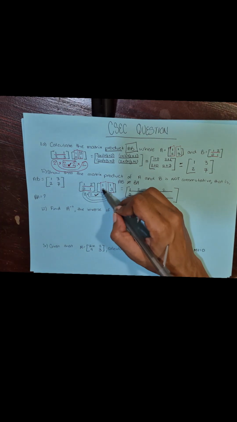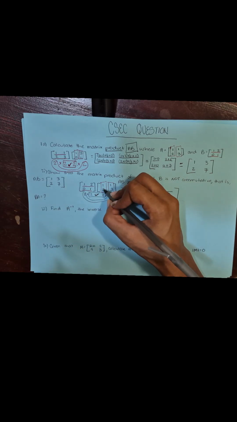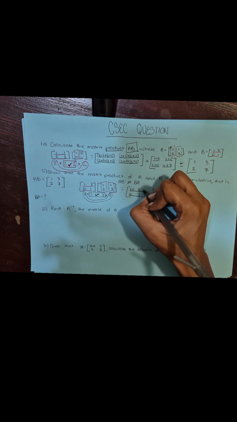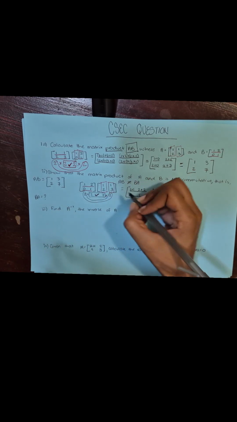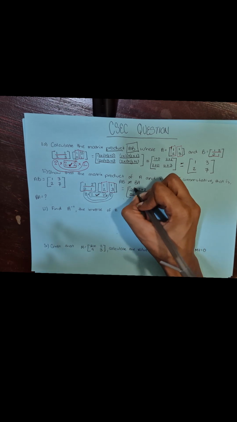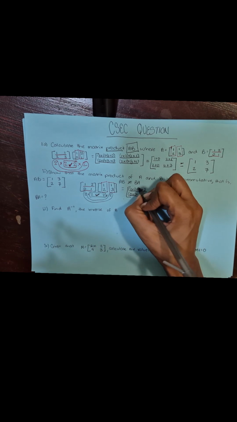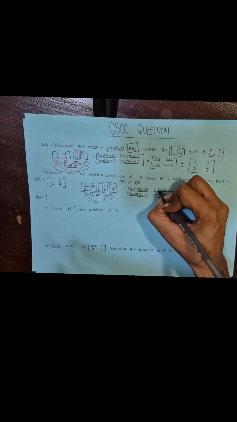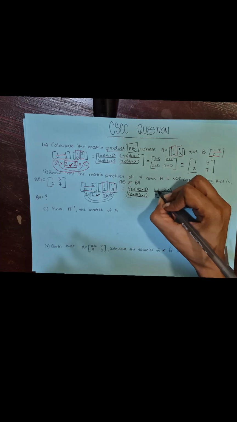On my first column, I should have 1 and 2. And we know these are going in brackets. And in my second column, I have 1 and 3.